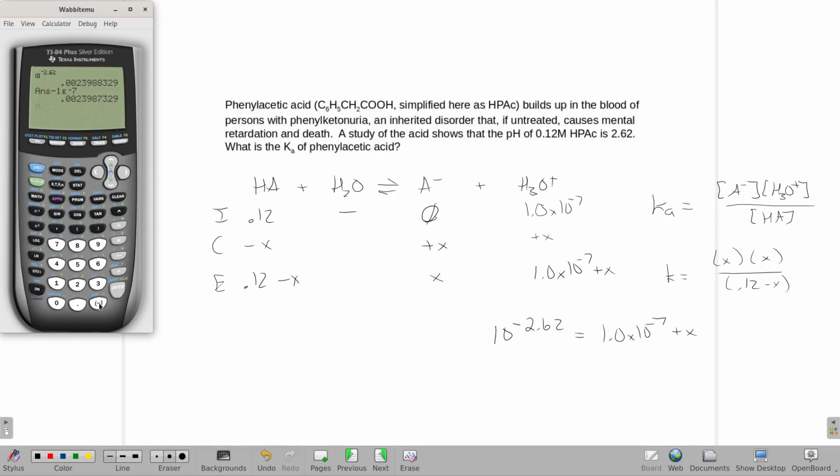So take the answer and square it, because that's x and x. And then I'm going to divide that by 0.12 minus our x again. And we get a Ka of 4.89 times 10 to the negative 5th.